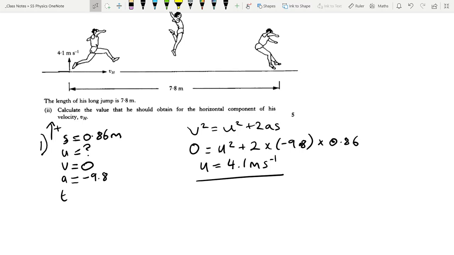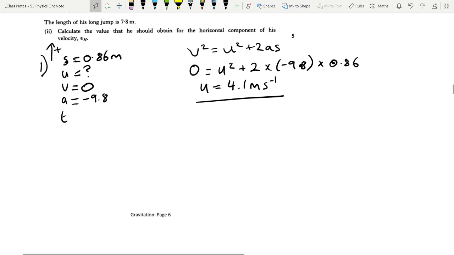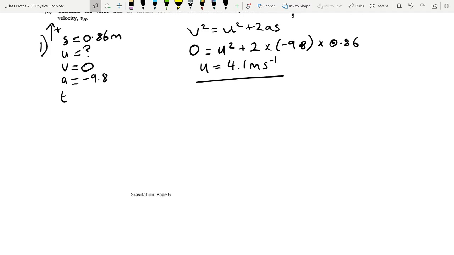So he now assumes that when he's long jumping, the initial vertical component of his velocity at takeoff is 4.1 meters per second. The length of his long jump is 7.8 meters. Calculate the value he should obtain for the horizontal component of his velocity. So what do we know?